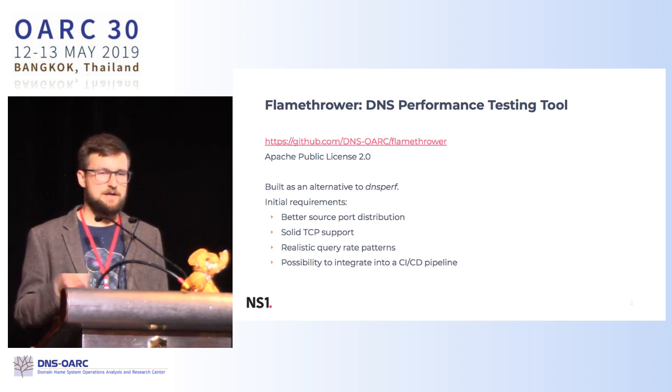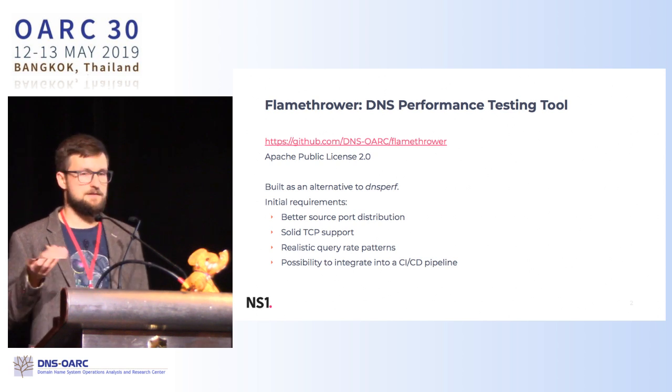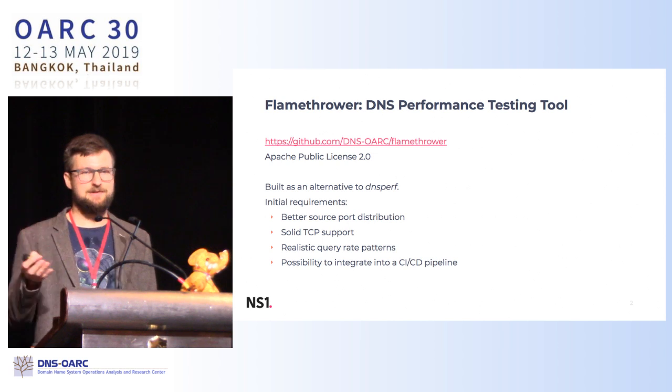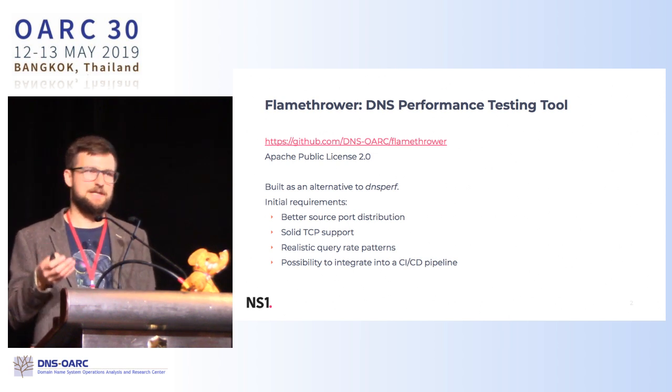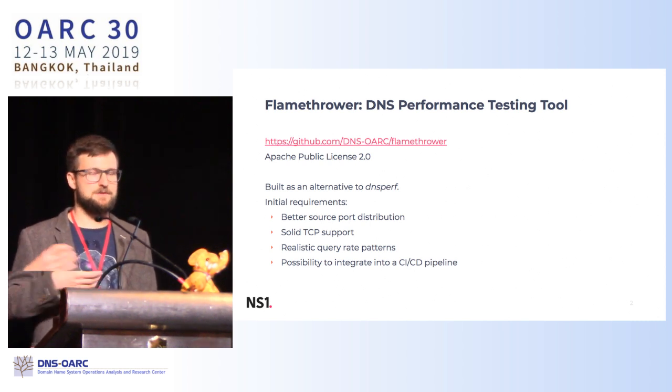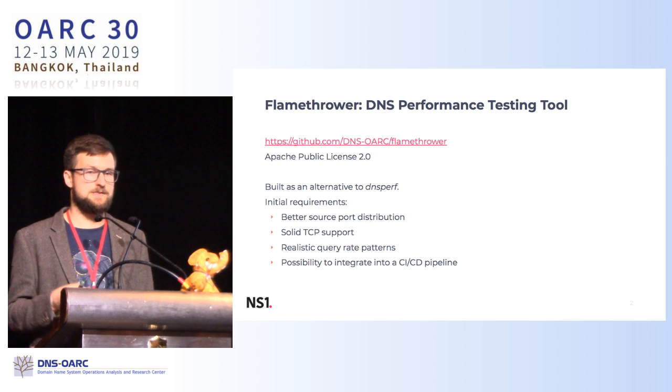So it's under the Apache public license, so very permissive. And when we were looking at where to place it, we asked DNS-OARC whether they would be willing to accept this under the DNS-OARC GitHub namespace, because we wanted this to be available to everyone, to researchers, to operators, to software developers, and we really want this to be a community project.